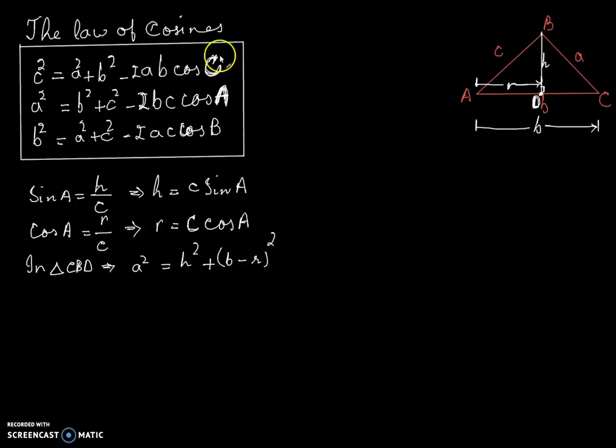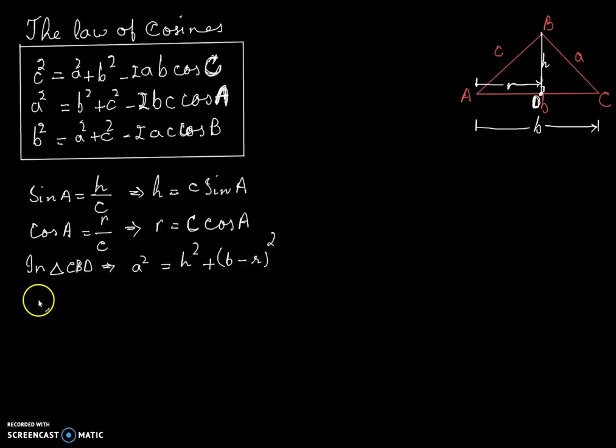Here we calculated the values of R and H, so you can substitute them in this formula, and then have everything in terms of C sine A and C cos A.